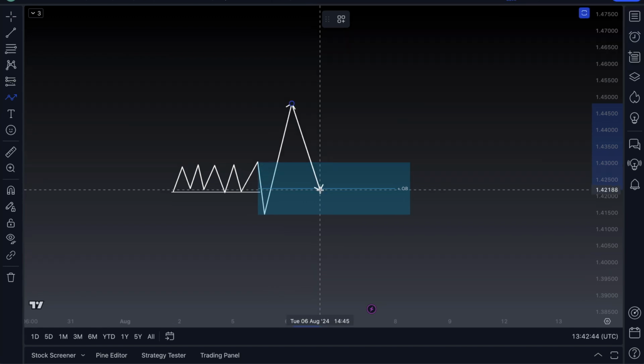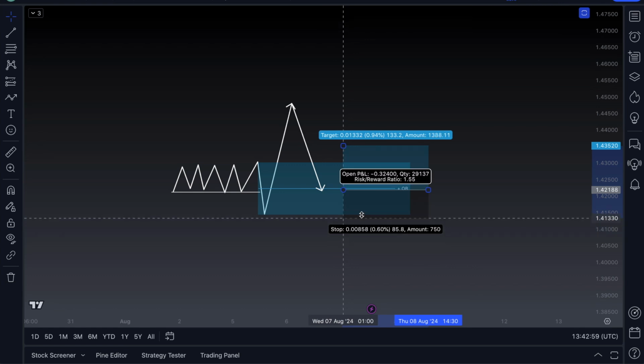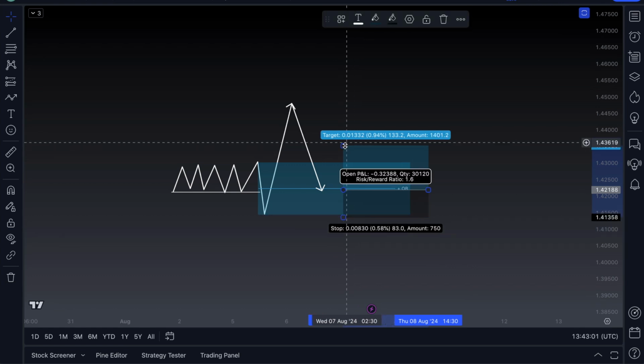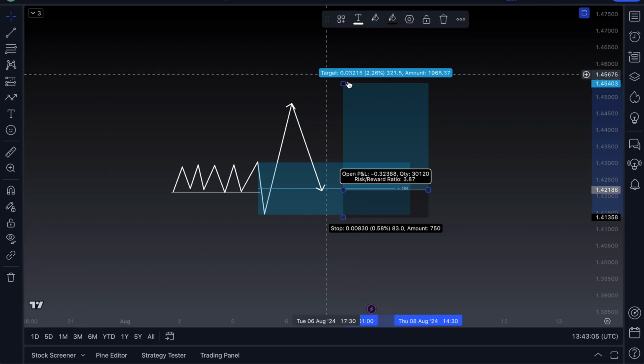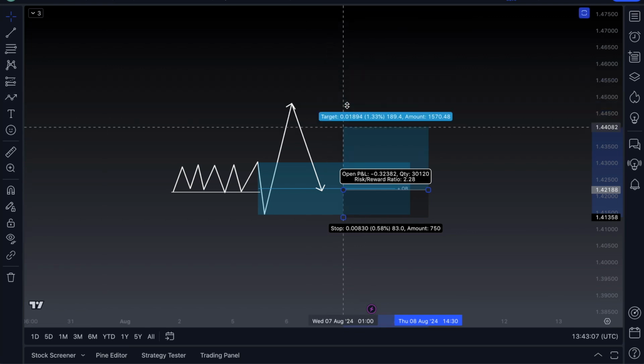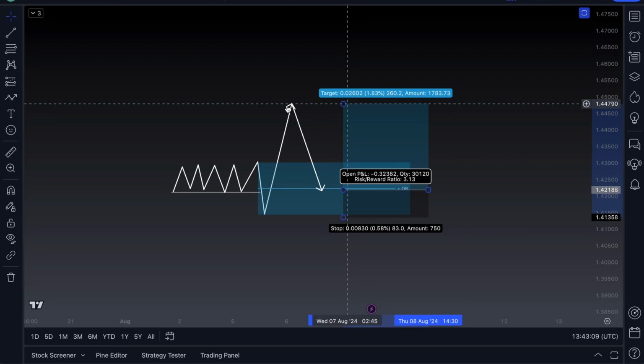And at this point, we could set our long position, stop below the low, and continue with the market trend. And target opposing liquidity, which at the moment would be this high.